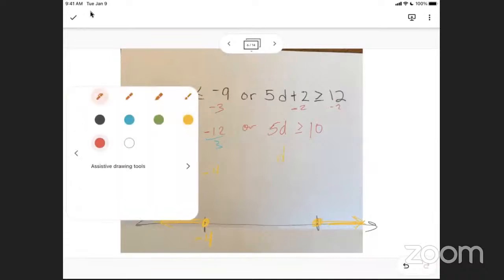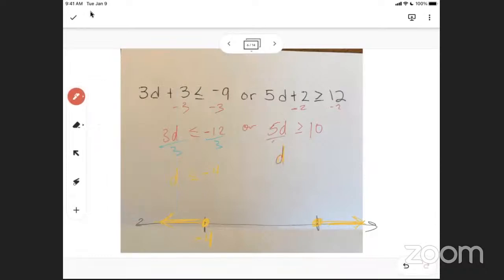Divide by 5 on both sides. And what do I get? D is greater than or equal to 2. So this is 2 right here. So negative 4 here and 2 here, and I'm done. Good.